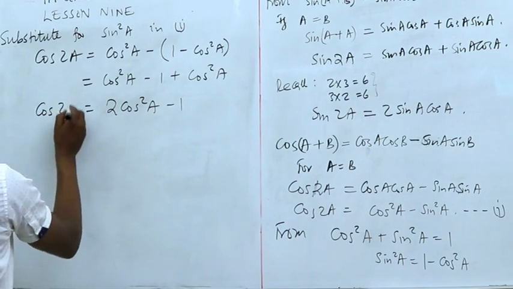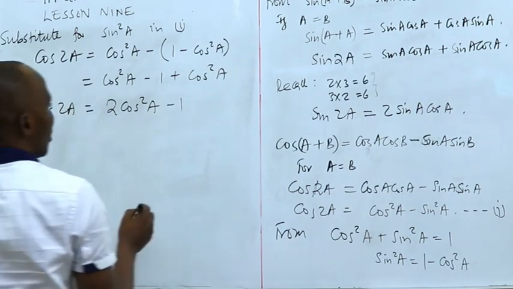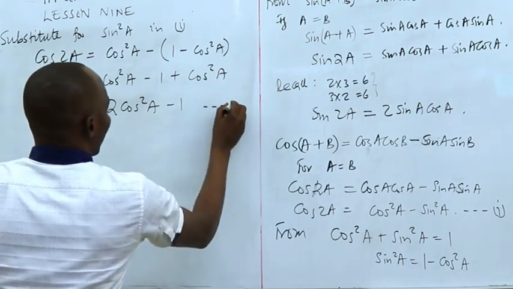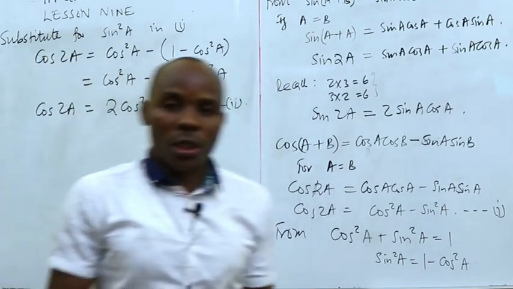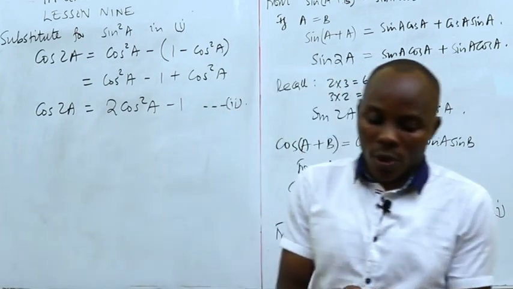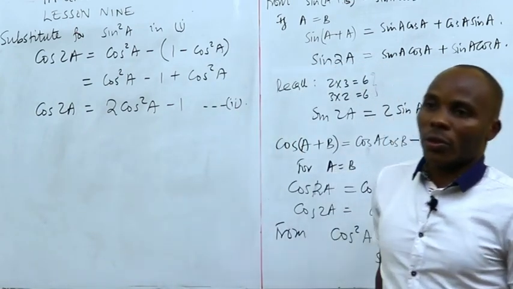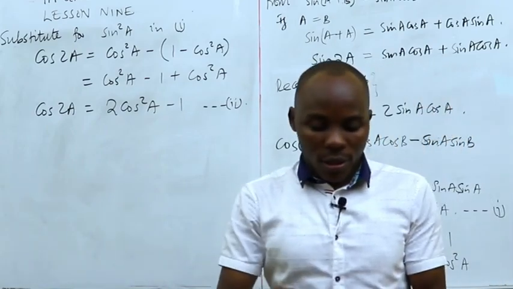This is cos 2A. You call this equation 2. We are going to pick it up from there in our next lesson.